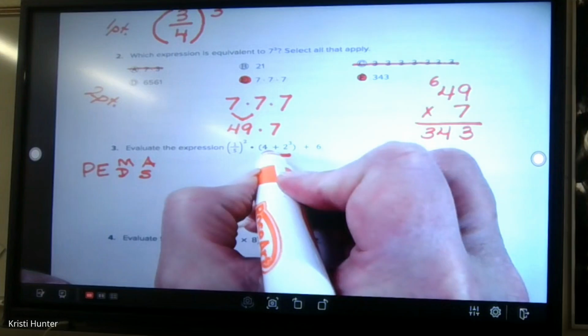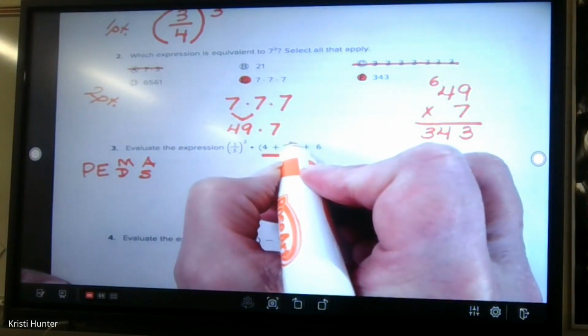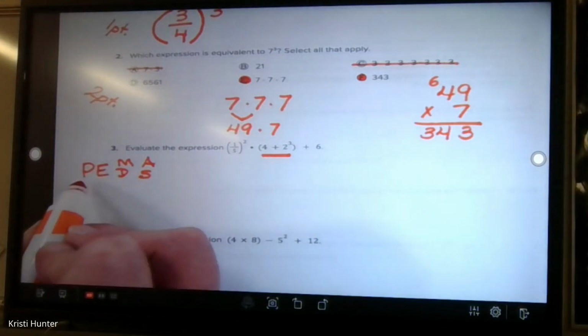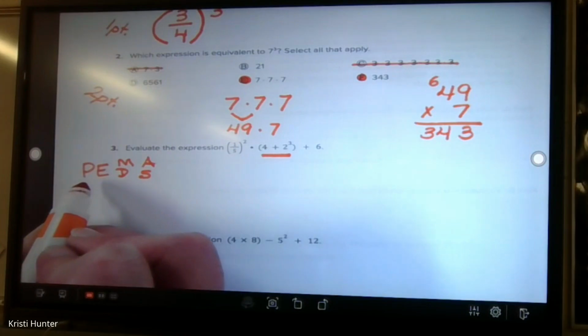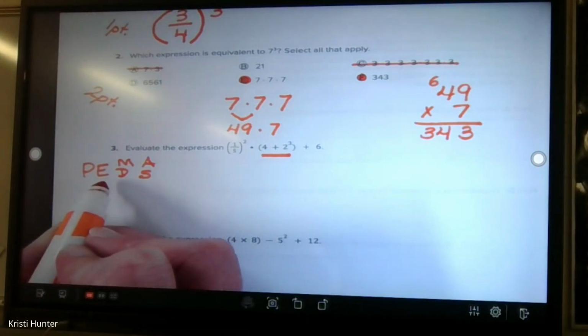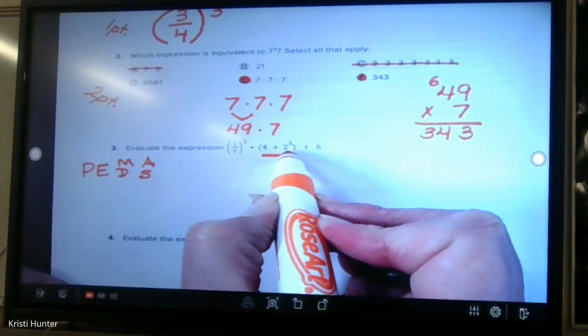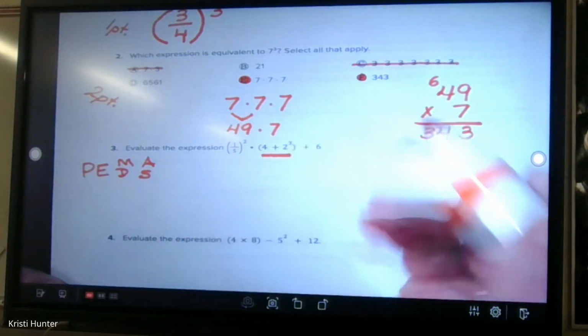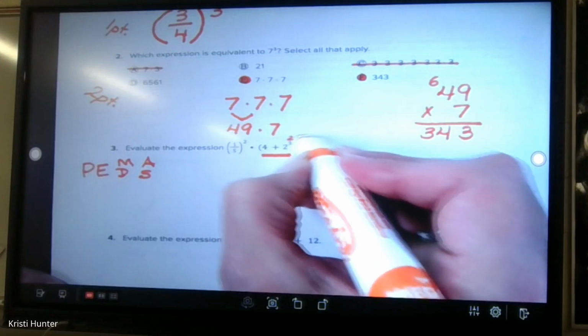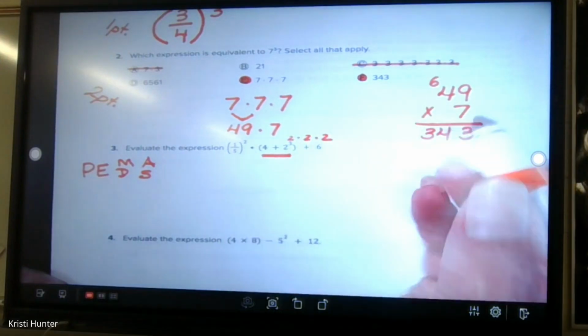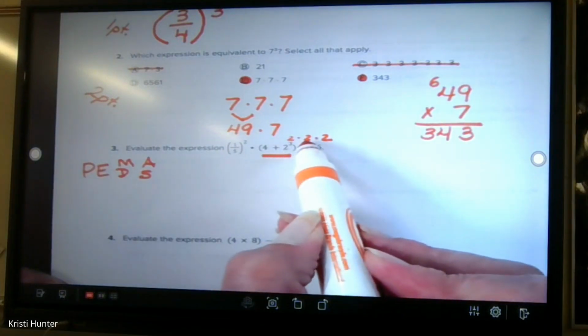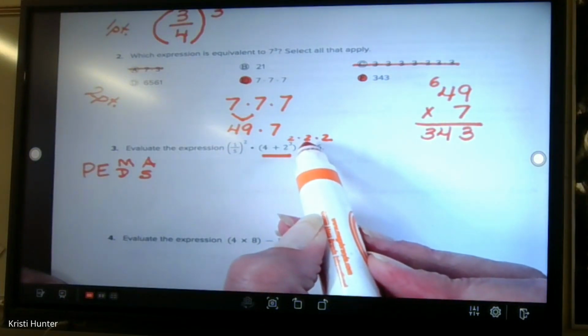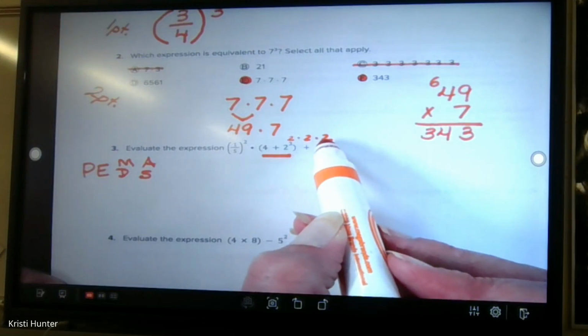So I have 4 plus 2 to the third. So once I get inside the parentheses, I continue with my order of operations. So E stands for my exponent, so I'm going to start there. 2 to the third power. Well, that would mean 2 times 2 times 2. 2 times 2 is 4. 4 times 2 is 8.